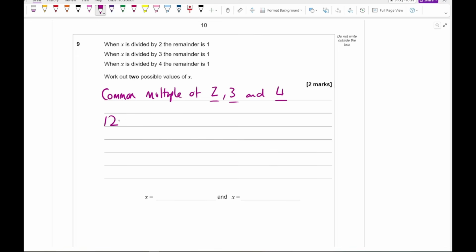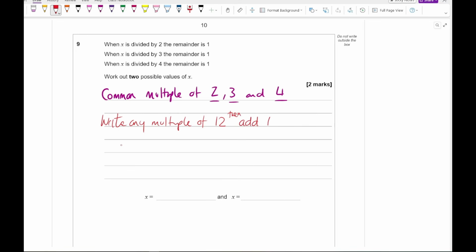So we're looking for any multiple of 12. And let me just write that down. So write any multiple of 12, and then because we want a remainder of 1, we then need to add 1.